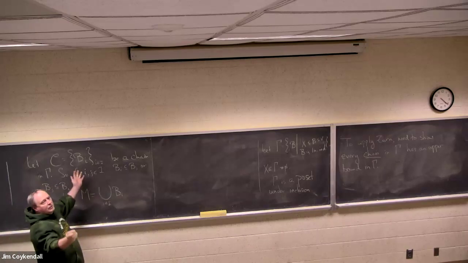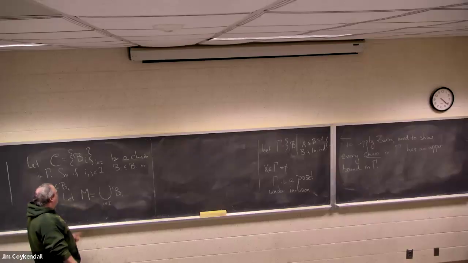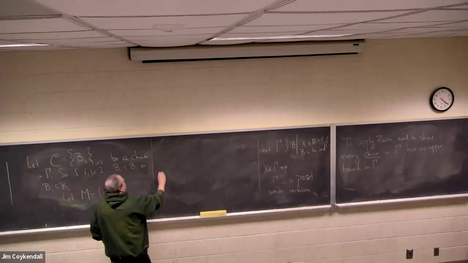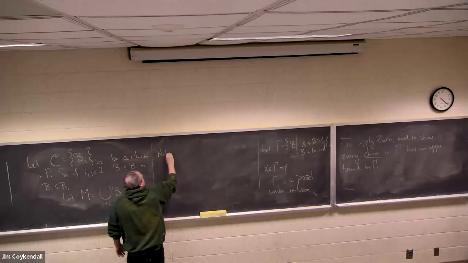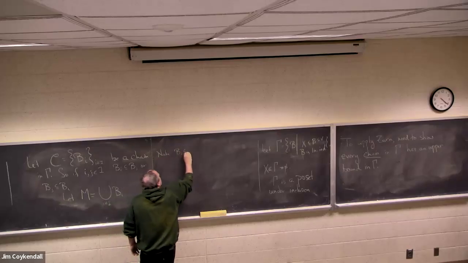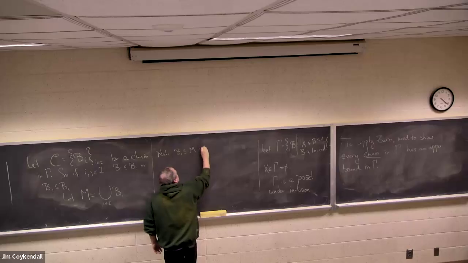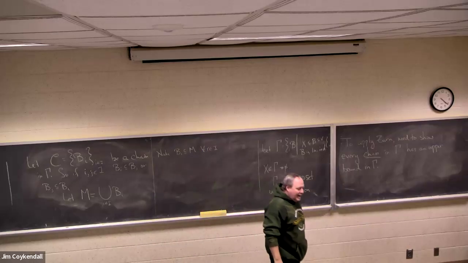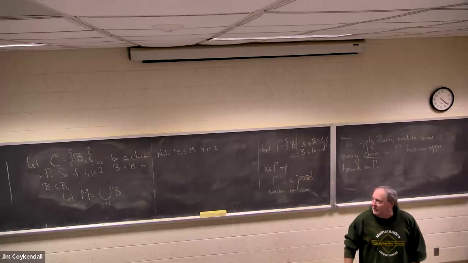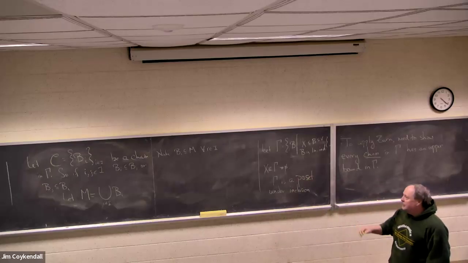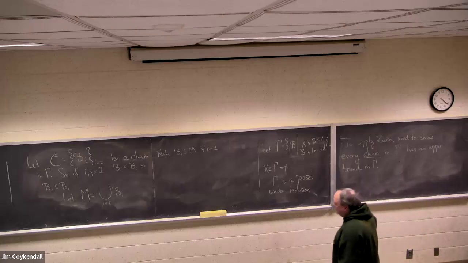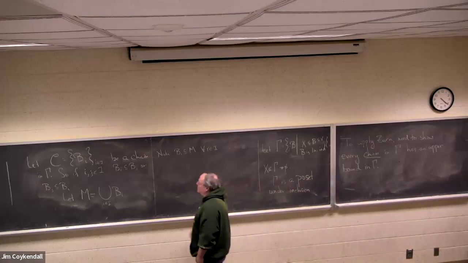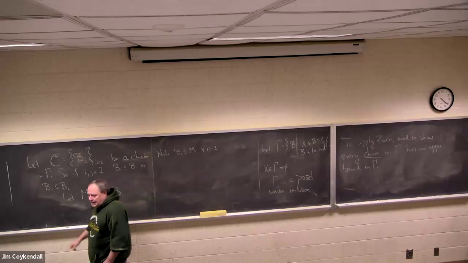Just throw it all into a giant M. Notice that M is certainly an upper bound for that chain in the sense that every B_i is contained in M, because it's the union of all, no problem there.